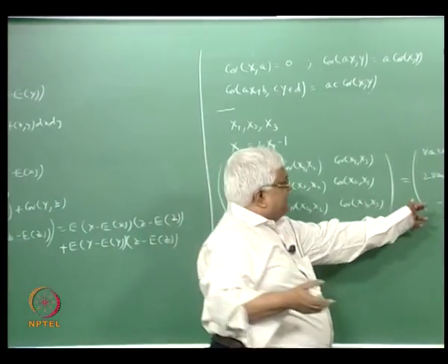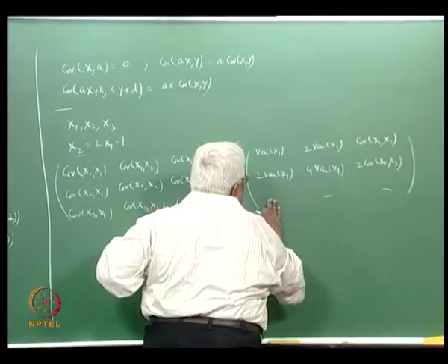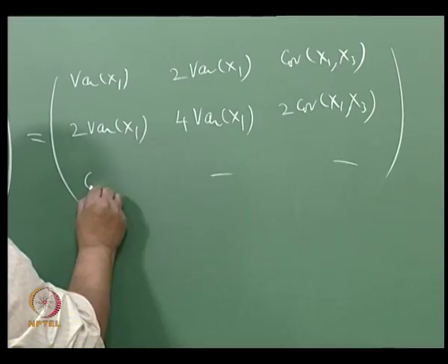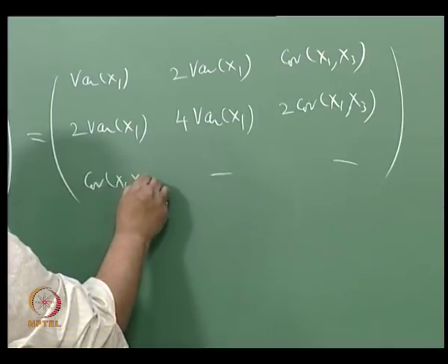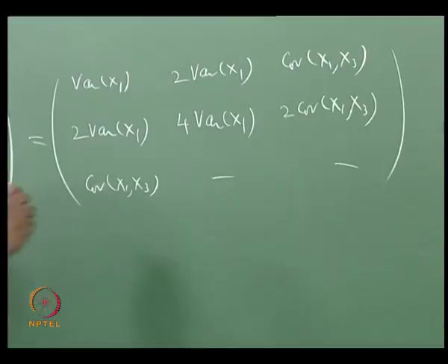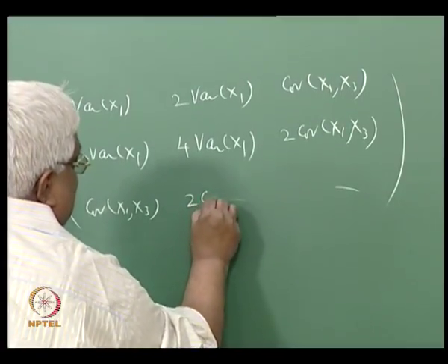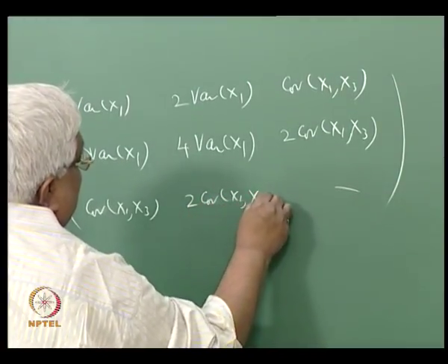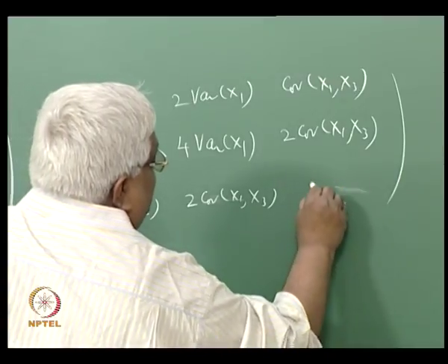And I am not writing these things. This will be covariance x1 x3, and this is 2 times covariance x1 x3, and this will be variance x3.